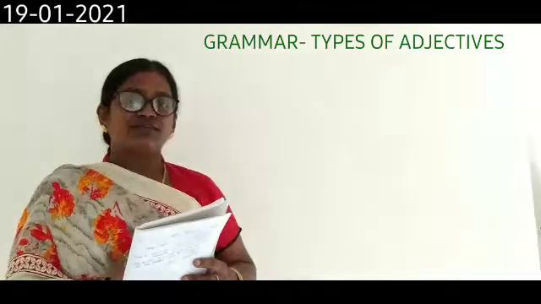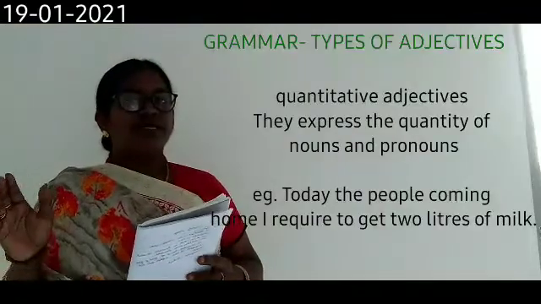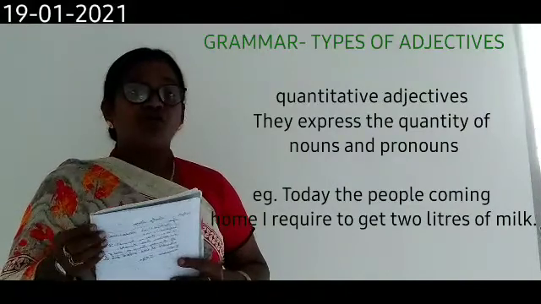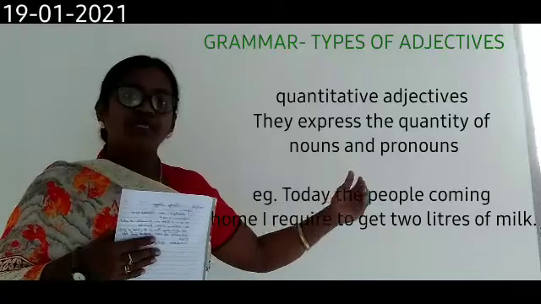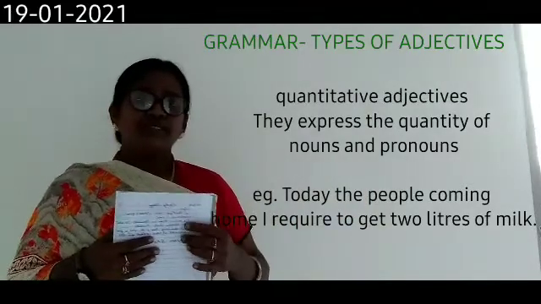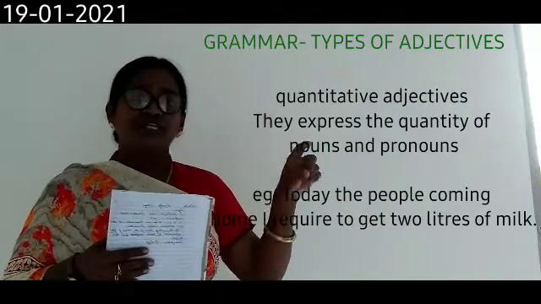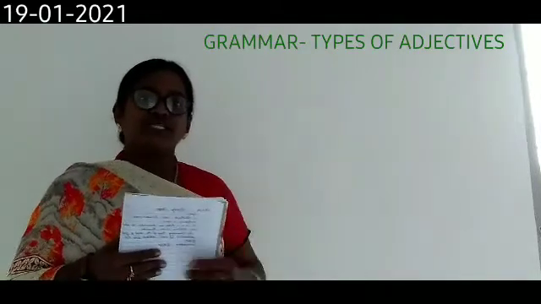Some adjectives we use to describe or explain or narrate something, or qualitative adjectives. Wherever the noun or a pronoun can be measured using numerals, it is a numerical adjective. It falls under quantitative adjective.